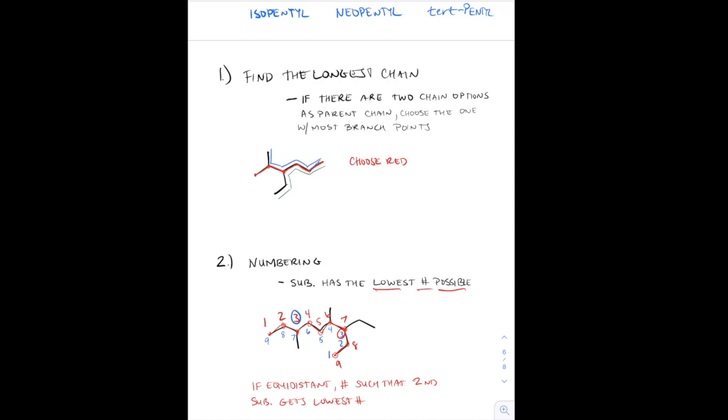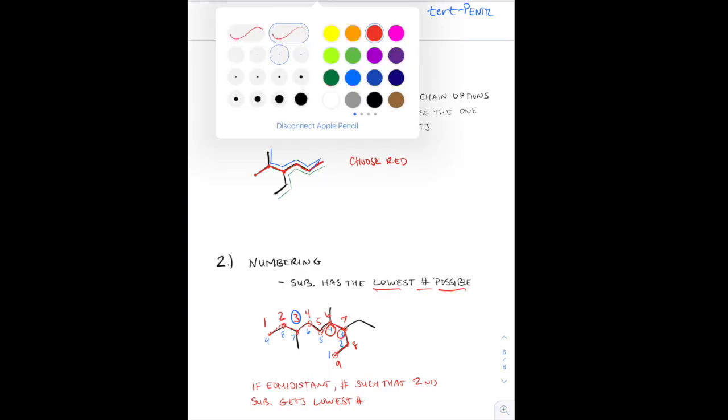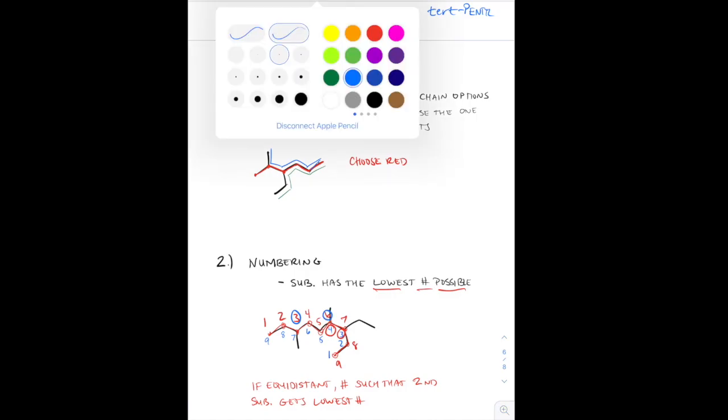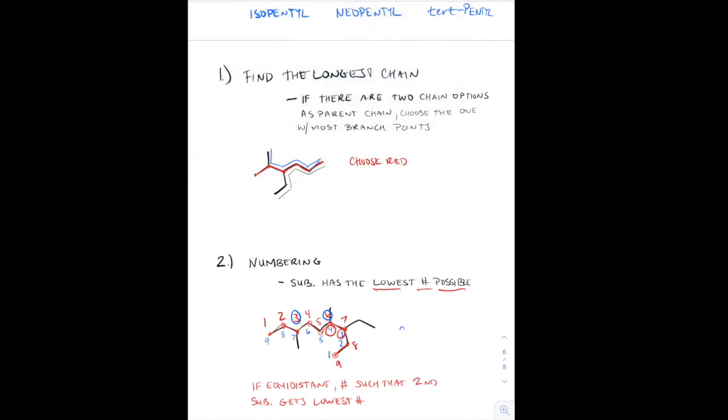Well, if we look at the blue labeling, the next substituent is at carbon number 4, and if we look at the red labeling, the next substituent is at carbon number 6. So what we want to do is choose the blue numbering, because it gives us the lowest number possible for the first and the second substituent.